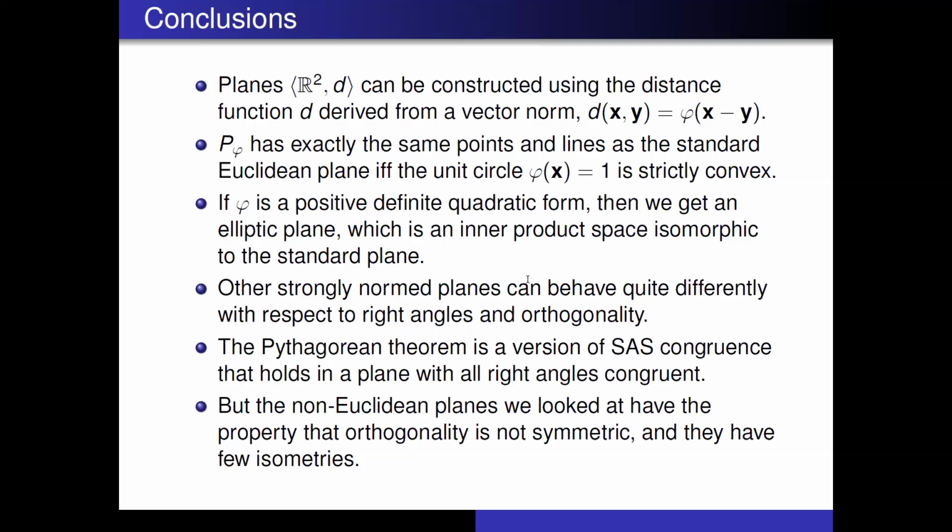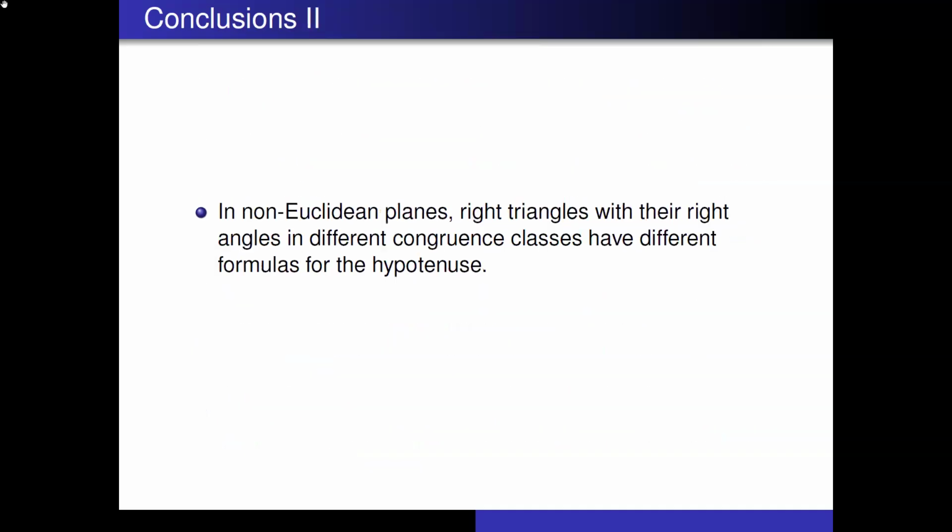If not, then you get a different sort of plane, and it could have actually as few as 2 isometries. I can't find one with none yet. And the Pythagorean theorem is a side angle side theorem, but for different isometry classes of right angles.